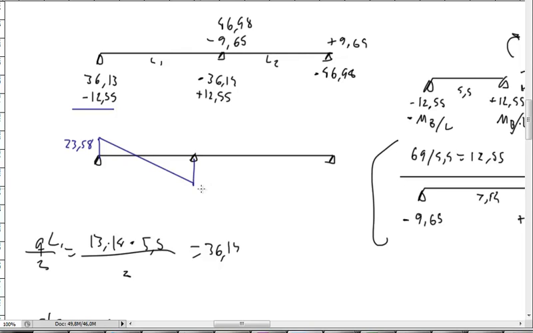Did I make a mistake here? No, I don't think so. Maybe. Okay, we're going to see later. 36.13 plus 12.55. The same. No, I made a mistake, I'm pretty sure.